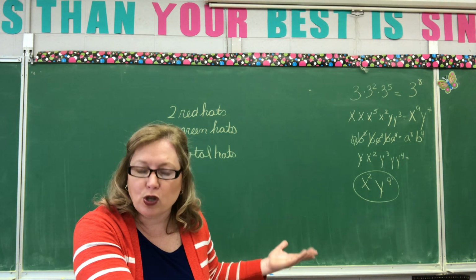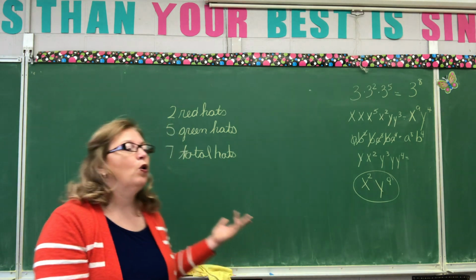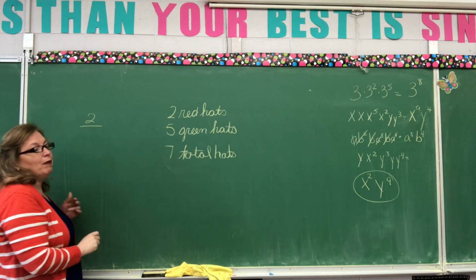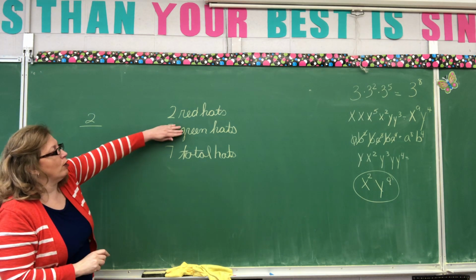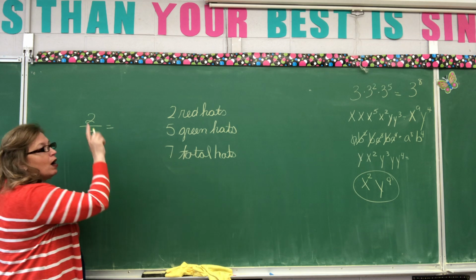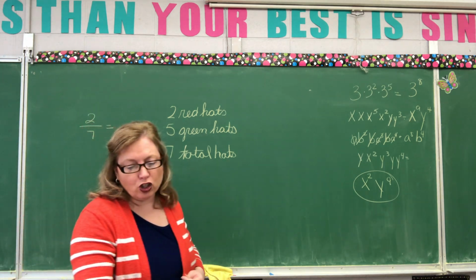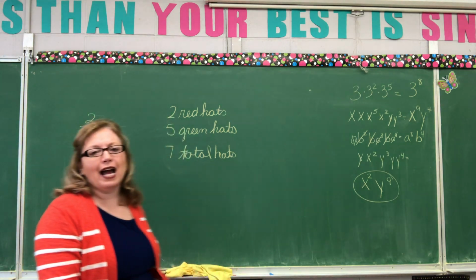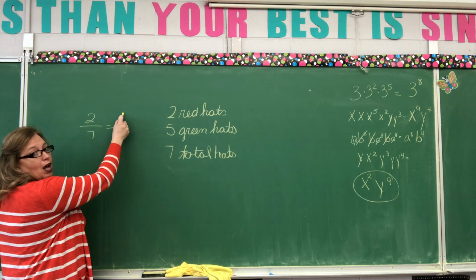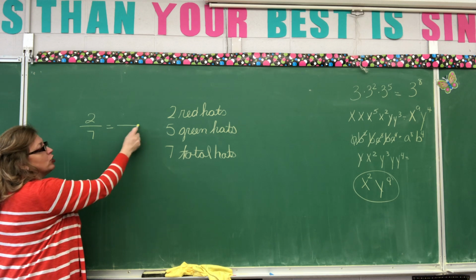Red equal to a total. So what's my ratio? How many red hats? 2. How many total hats? Remember, we can put our hand over this. We have 2 to 7. Okay? Now, go to your story problem. It says that you have 4,900 total. So the 4,900 goes at the top or the bottom of our ratio?